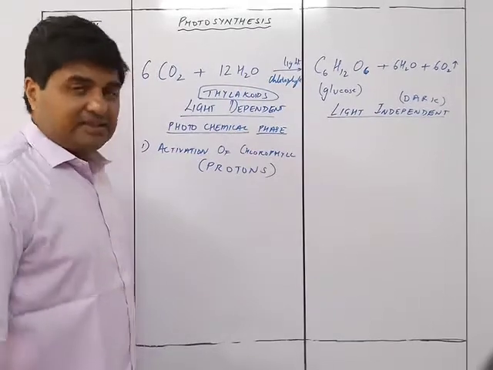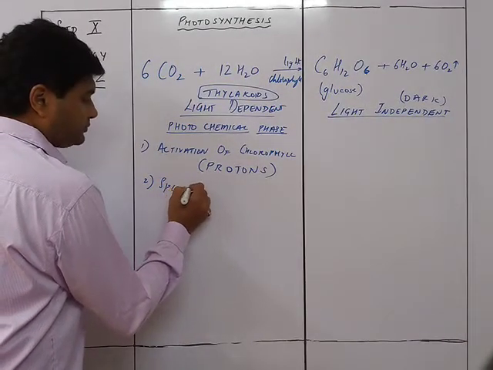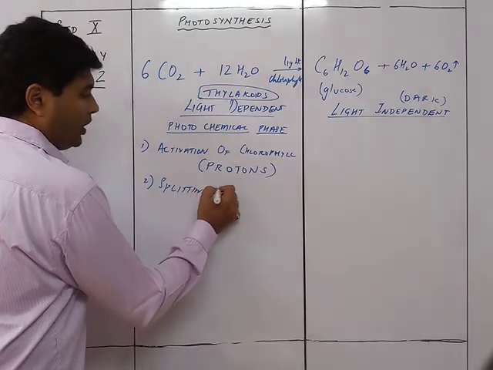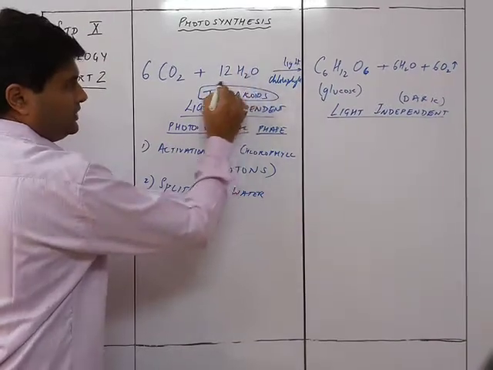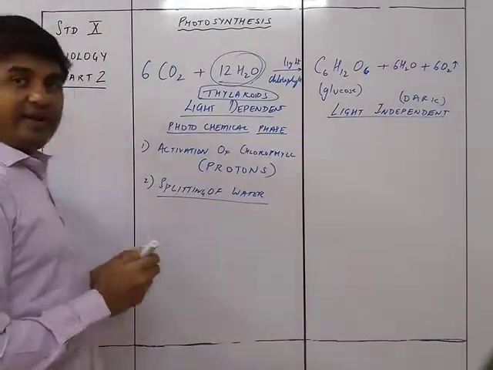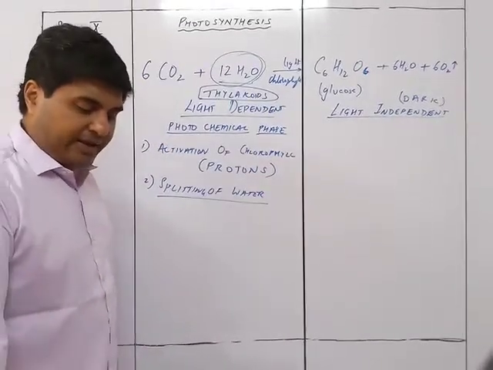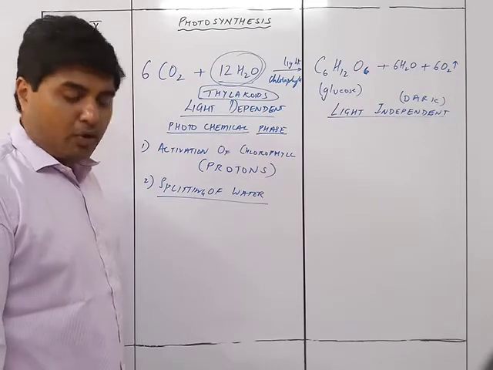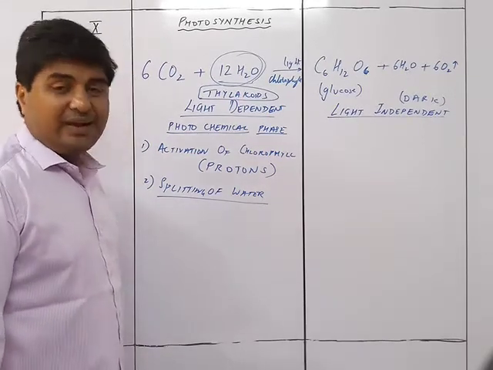What happens next is the splitting of water. The water is going to split in the next step of the photochemical phase. The absorbed energy is used in splitting the water molecule into hydrogen and oxygen.